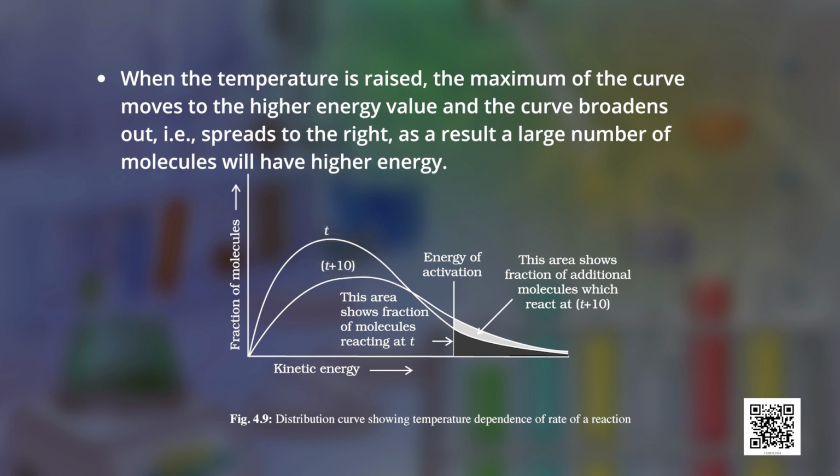Increasing the temperature of the substance increases the fraction of molecules which collide with energies greater than Ea. It is clear from the graph that in the curve at T plus 10, the area showing the fraction of molecules having energy equal to or greater than activation energy gets doubled, leading to doubling the rate of a reaction.